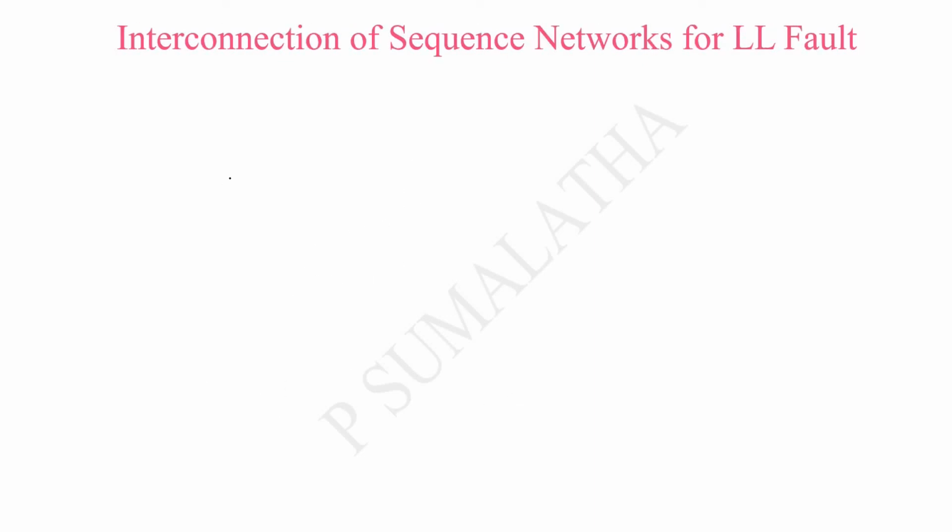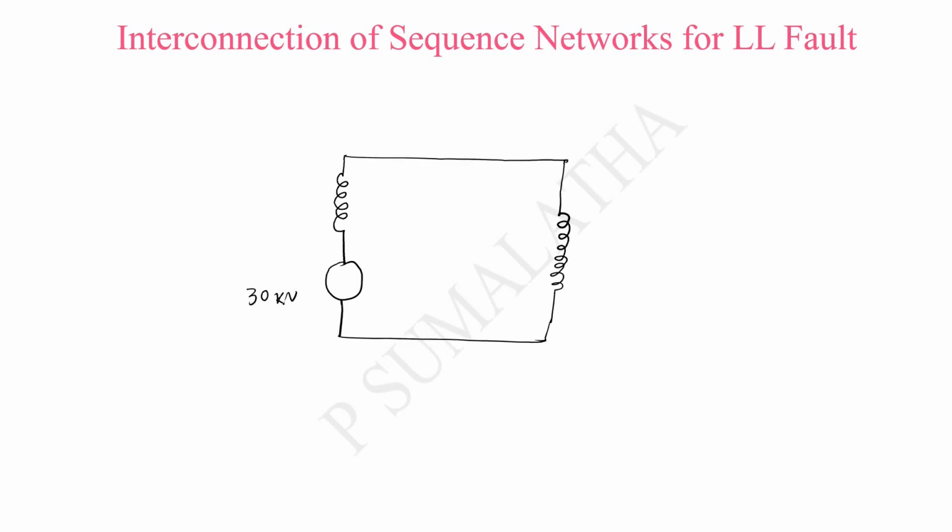So this is the Thevenin's voltage and X1 Thevenin, that is J35.66, and J17.66. This is current IA1 and this is current IA2. We know the current IA1 is equal to minus IA2, and the formula for the fault current is √3 times IA1.